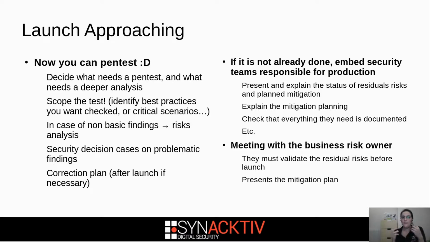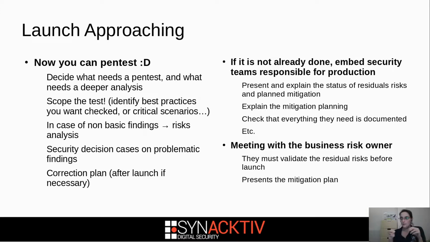Okay, if there are findings which are non-basic, you need to do a risk analysis, exactly like for a non-compliance issue, for example. If there are really problematic ones, like big security issues, you should have a security decision case.